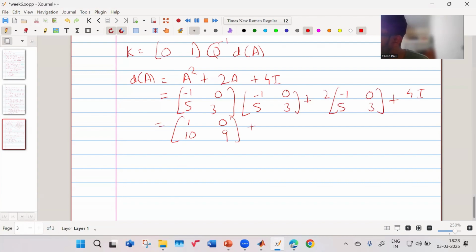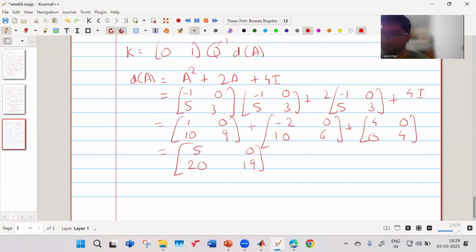So this is minus 2, 0, 10, 6, plus 4, 0, 0, 4 because of the identity matrix. We add it and get 1 minus 2 plus 4 is 5, 0, 10 plus 10 is 20, and 9 plus 6 is 15 plus 4, so it is 19. So this is the D of A.